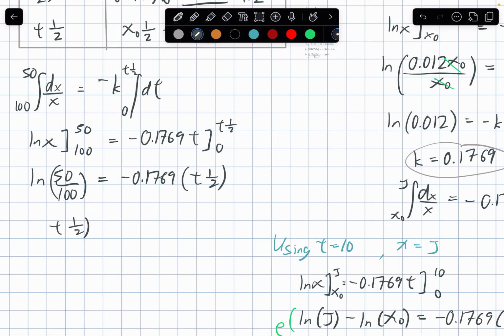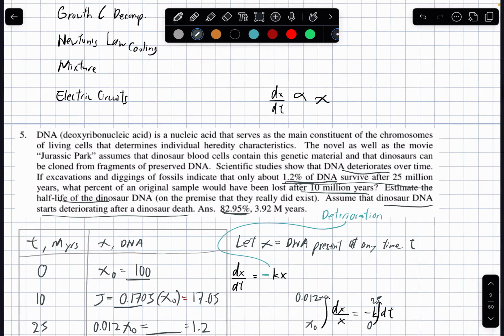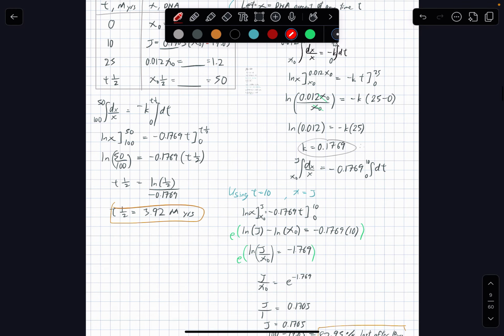Solve. That's going to be ln of 1/2 over negative 0.1769. That gives 3.92. Remember the unit: million years. I think that is the answer. There you go, 3.92 million years.